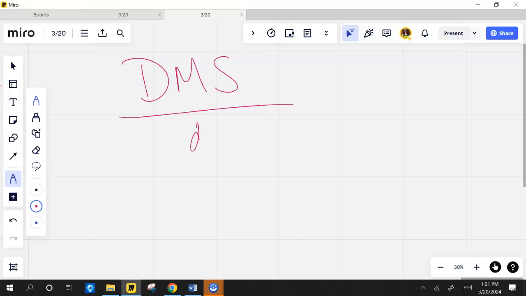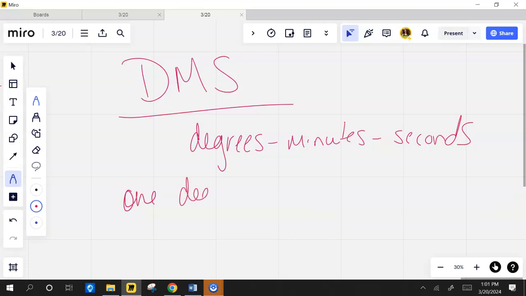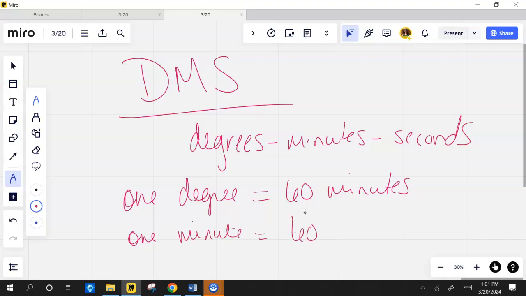It's what's known as degrees, minutes, seconds. 1 degree has 60 minutes. 1 minute has 60 seconds.